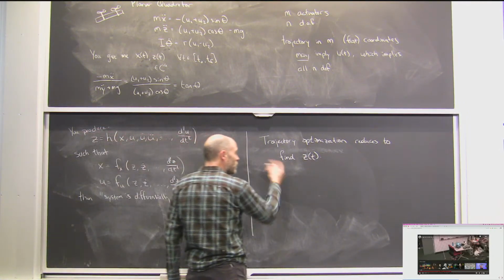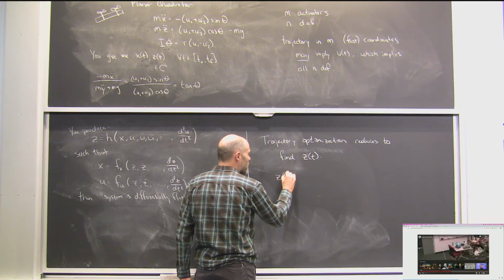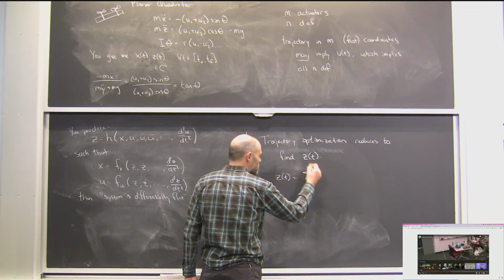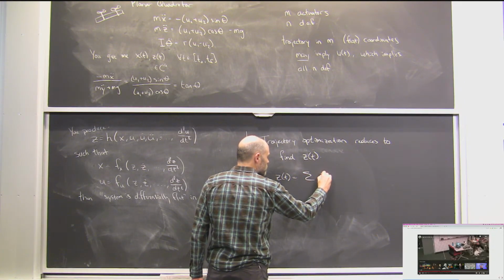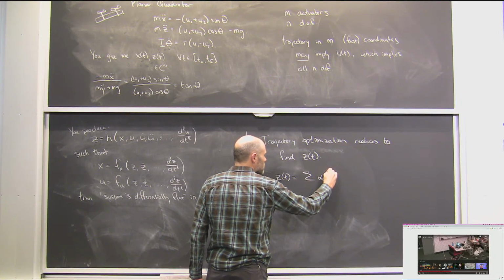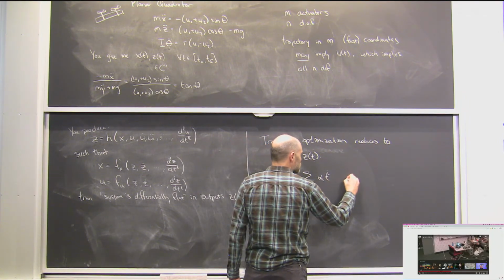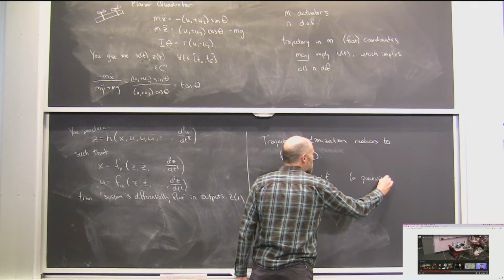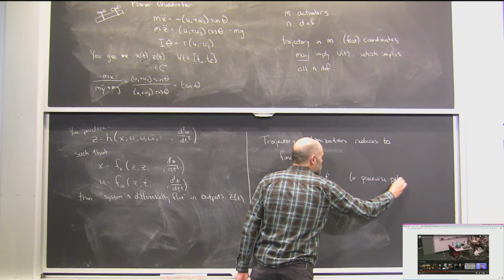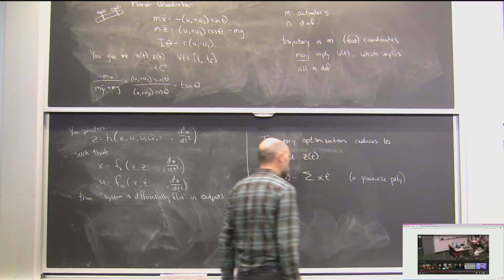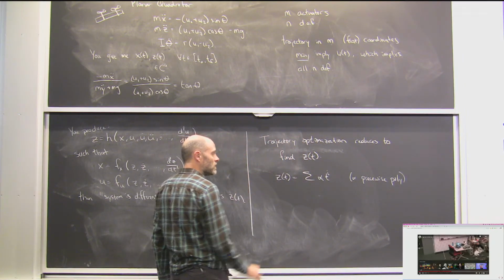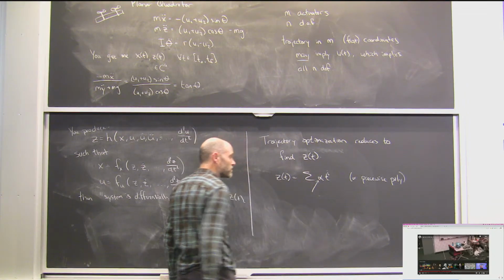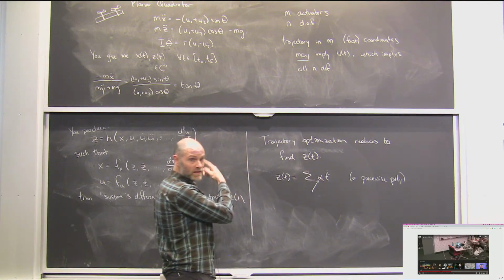And the way people will find a z of t is you'll just parameterize z of t, for instance, as a piecewise polynomial, which is linear in the coefficients and differentiable at least however many times.